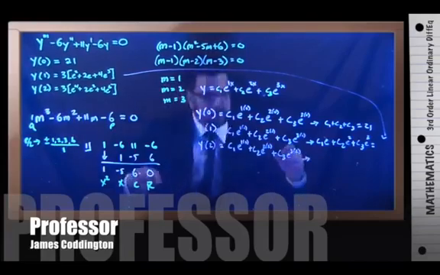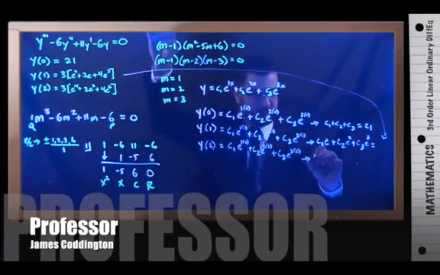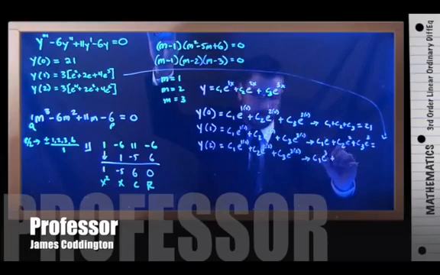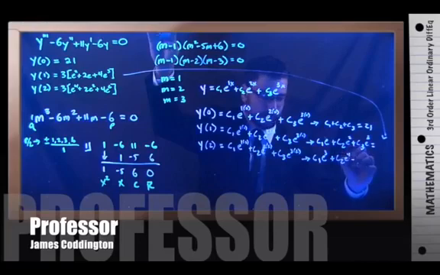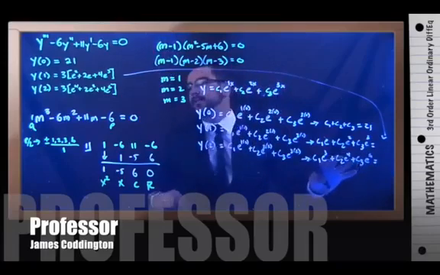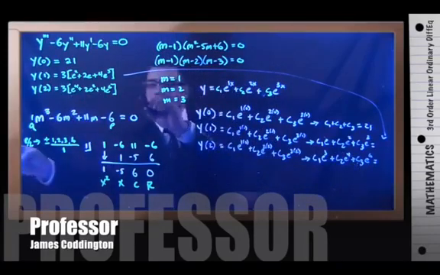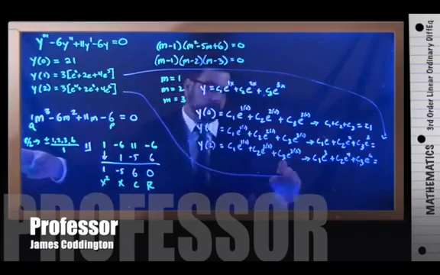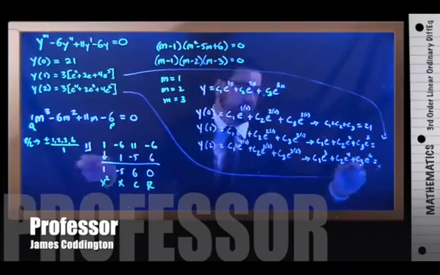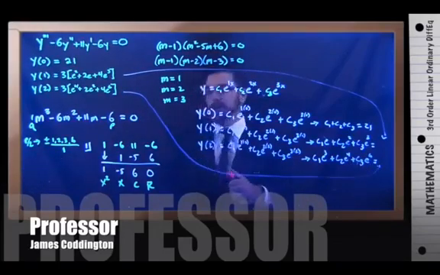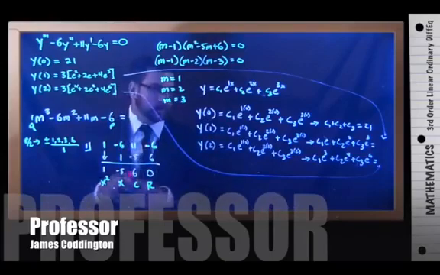Cleaning that up, it looks like we get C1 e cubed plus C2 e to the 4th plus C3 e to the 6th. When we plug in the input, the output becomes this guy. So again, for the sake of time, I'm just going to go ahead and draw that arrow.